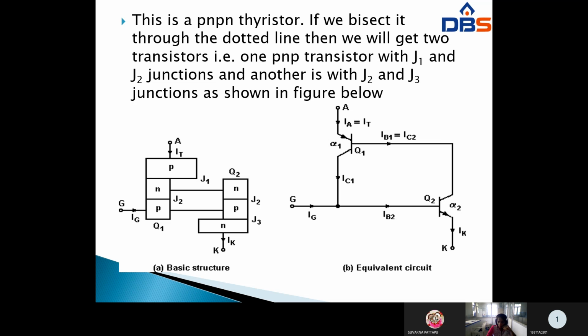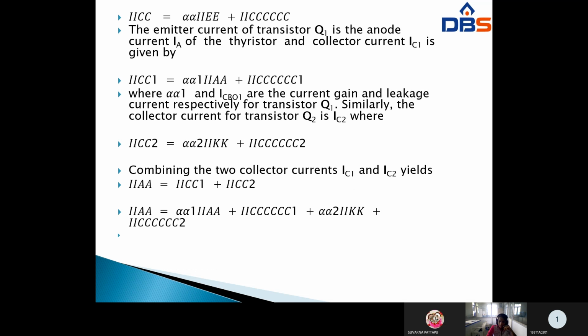So this IC equals alpha IE, where IE is the emitter current, plus the leakage current ICBO. The emitter current of transistor Q1 is the anode current IA of the thyristor, and the collector current IC1 is given by IC1 equals alpha1 into IA plus ICBO1.